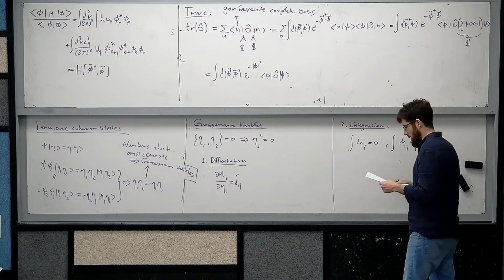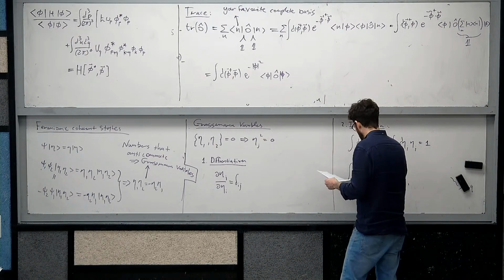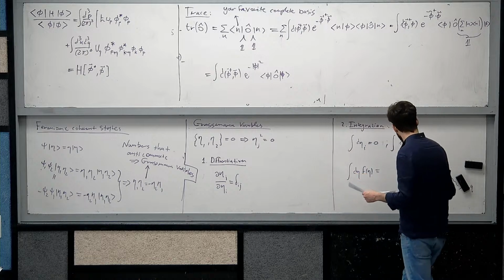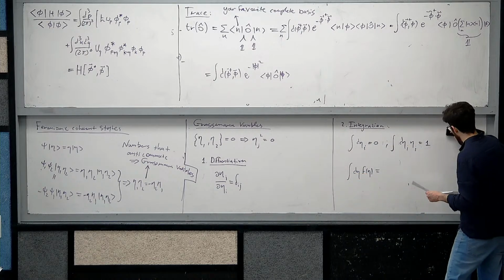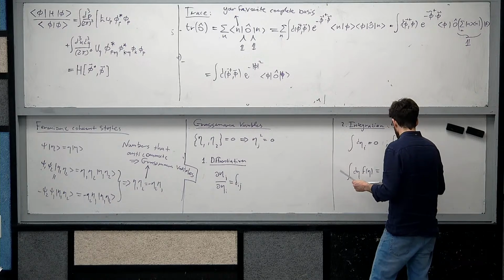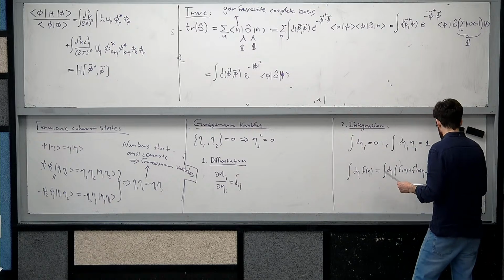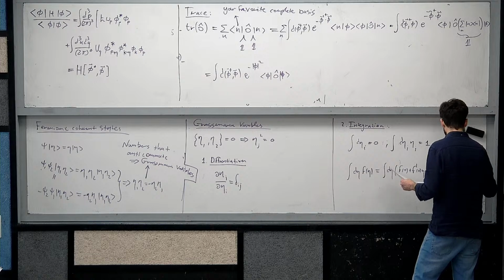Okay, and then that implies, for example, that the integral over d eta of f of eta, some function of Grassmann variables, is actually the integral d eta of, say, f of 0 plus f prime of 0 eta plus 1/2 f double prime of 0 times eta squared plus 1/3! f triple prime of 0 times eta cubed plus and so on.